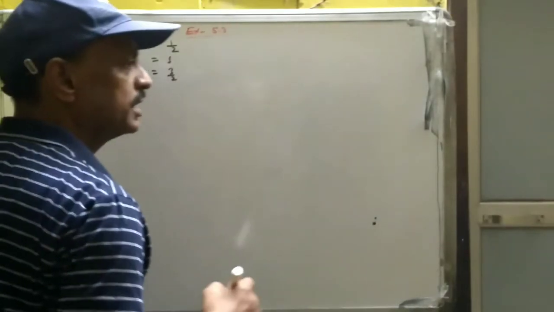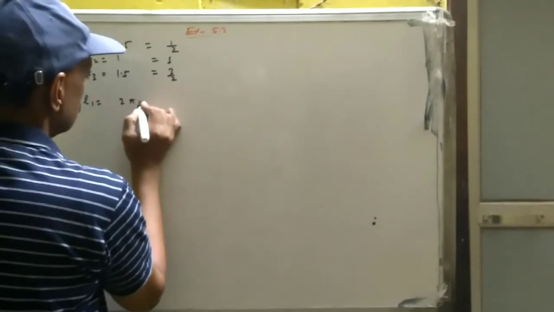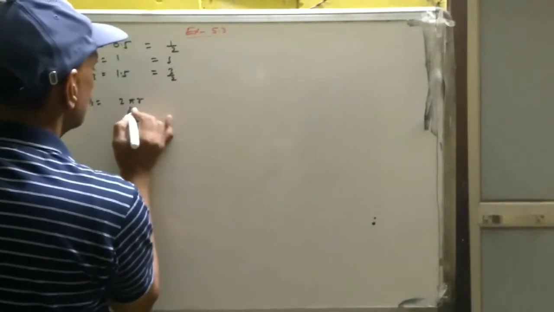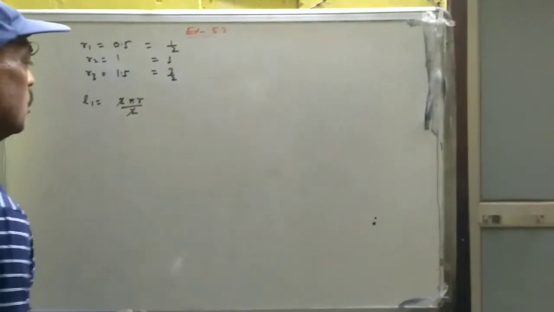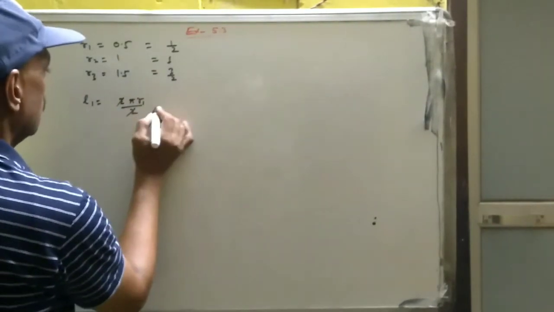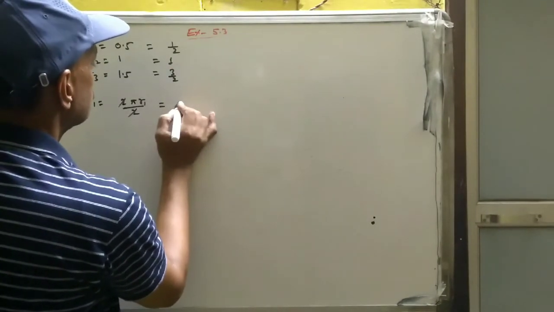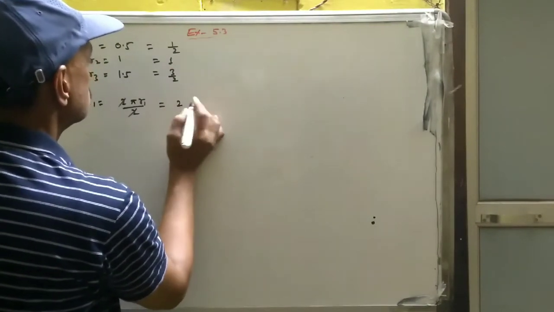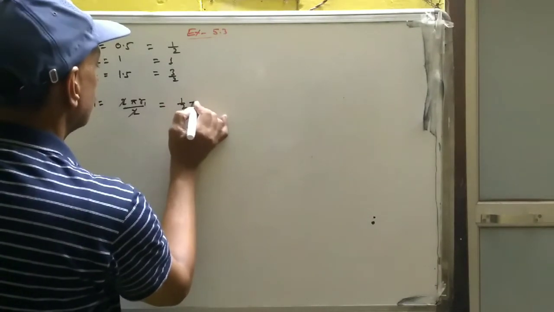So in this way, L1, the length of a semicircle, is half of the circumference of the circle, that is 2 pi r upon 2. Here 2 and 2 cancel out, so we get pi r1, and this r1 is 1 by 2, so L1 is 1 by 2 pi.